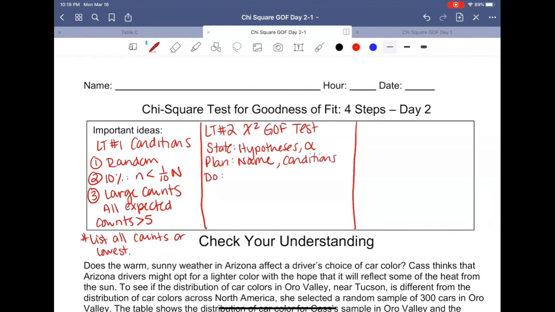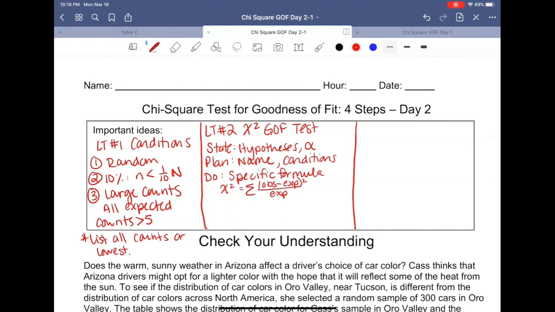In the do portion, we have just our specific formula, which I'm going to put on here just so we have it. So chi-squared, the sum of observed minus expected squared over expected.